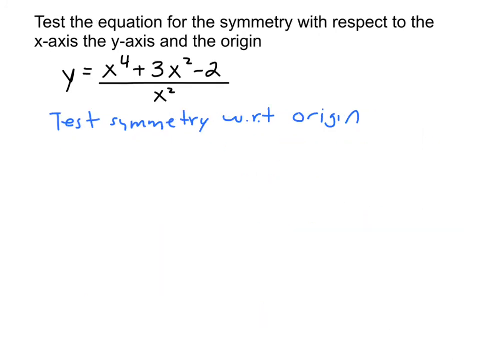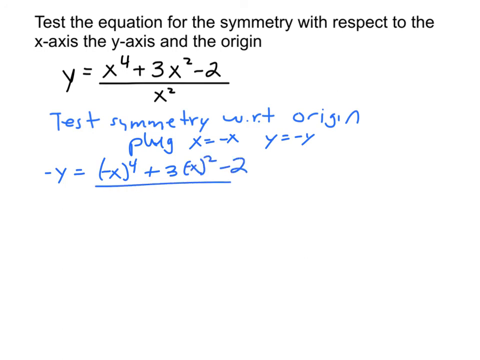Lastly, let's test the symmetry with respect to the origin. Remember, to test symmetry with respect to the origin, we need to plug in x equals negative x and y equals negative y. So we'll have negative y equals x to the fourth plus 3 negative x squared minus 2, divided by negative x squared.